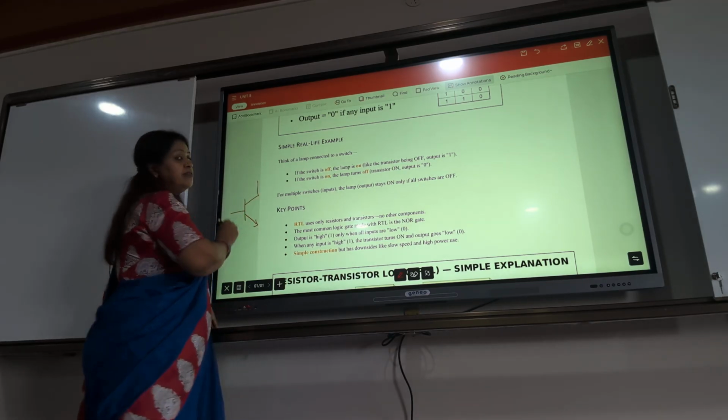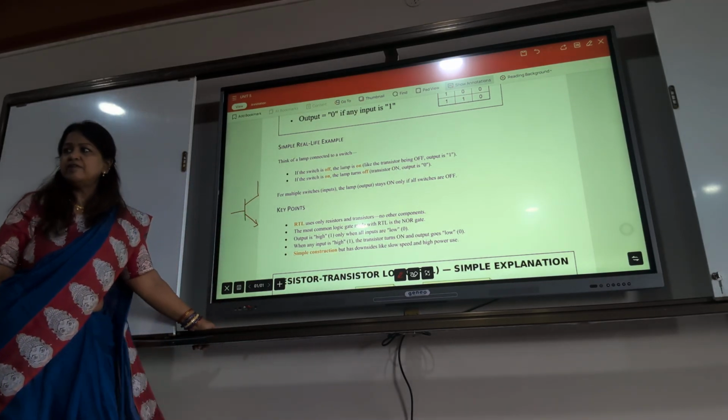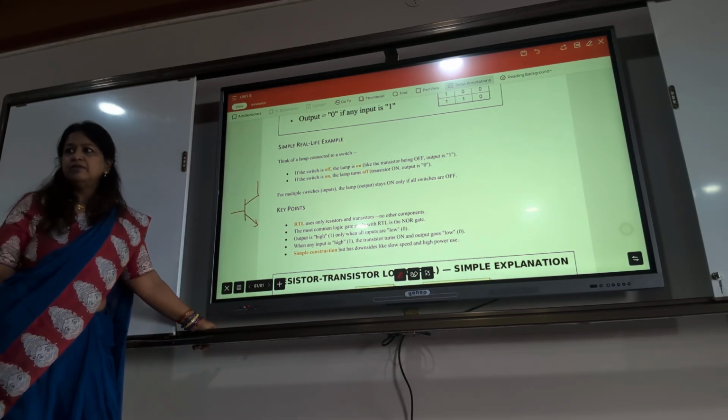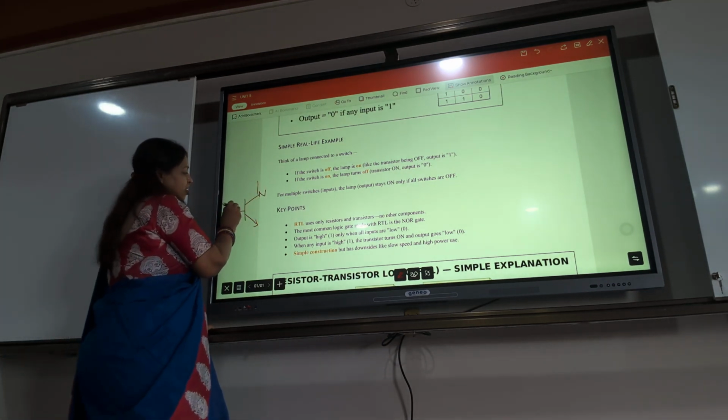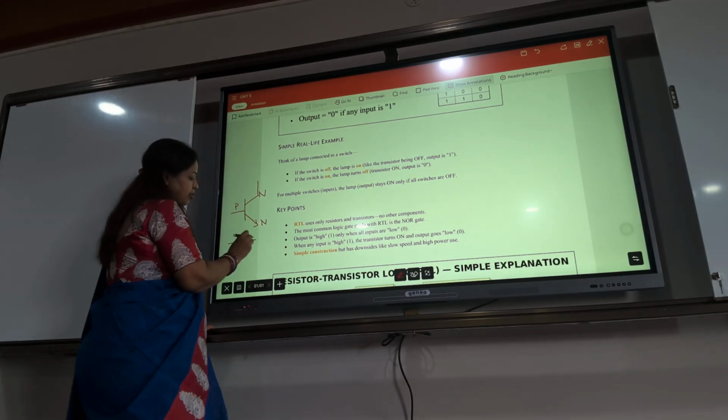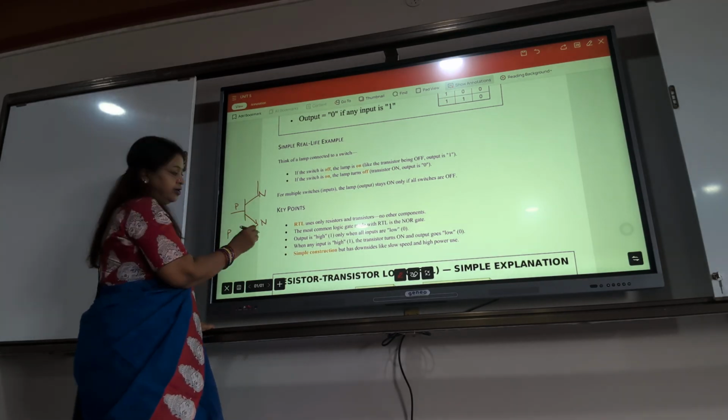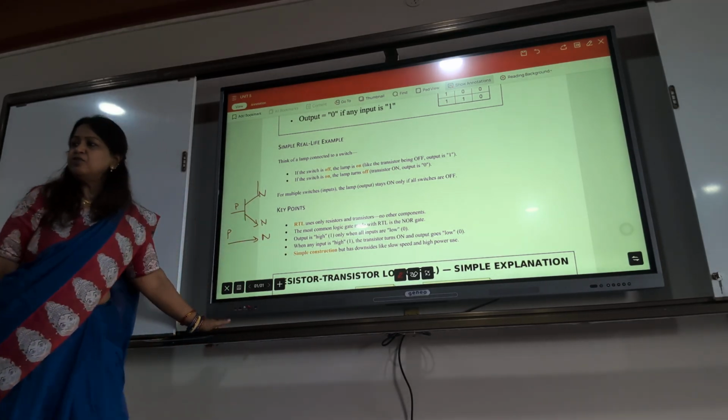What is this transistor? The symbol tells you what type of transistor it is. I will show you. Is it PNP or NPN? You have completed EDC, right? Always remember the arrow will be from P to N. Very easy to remember.